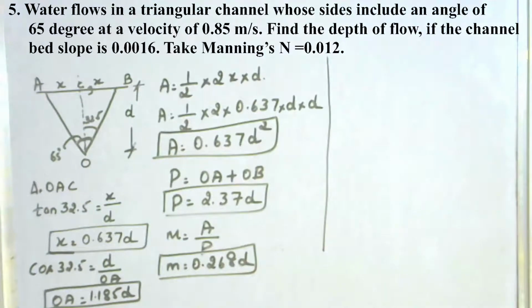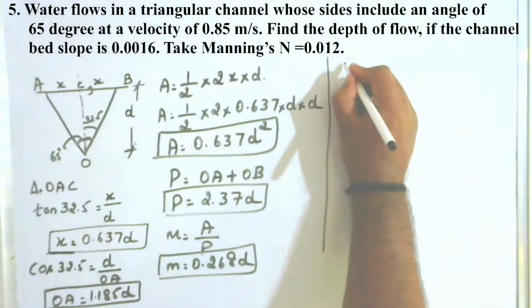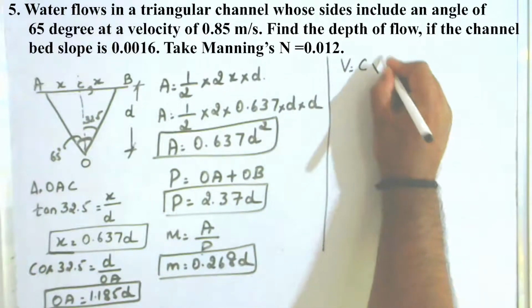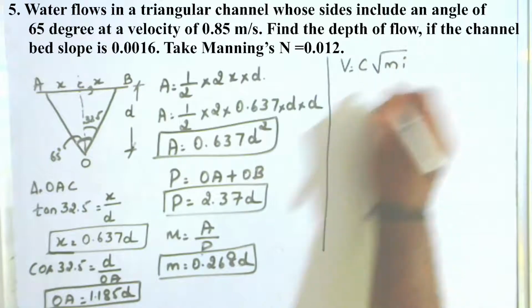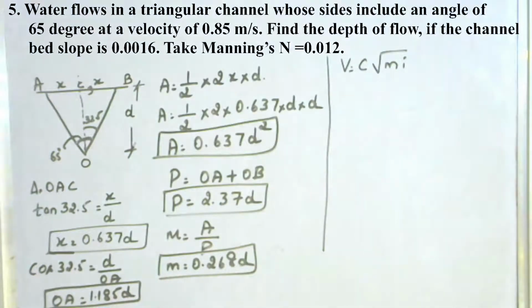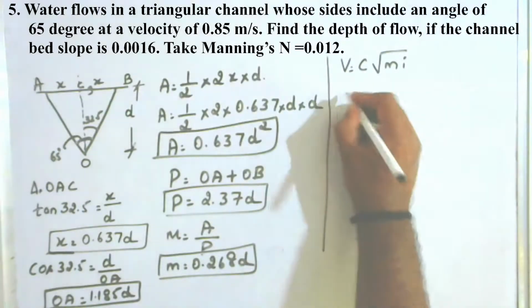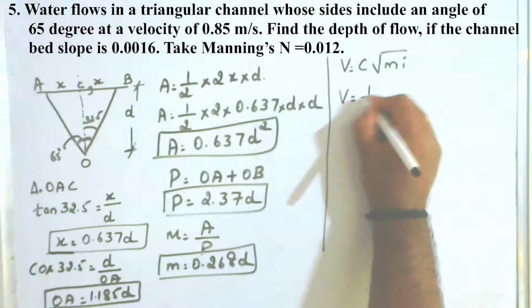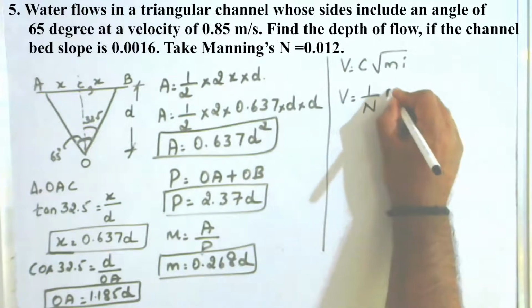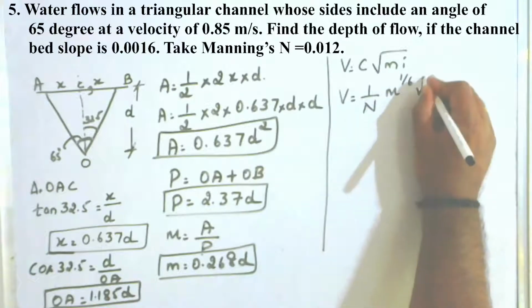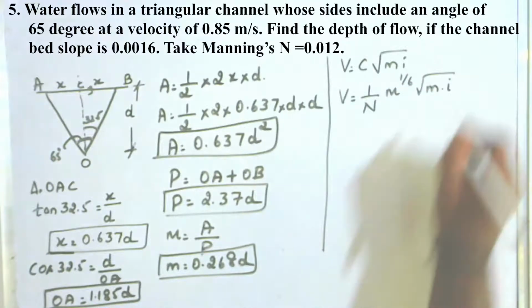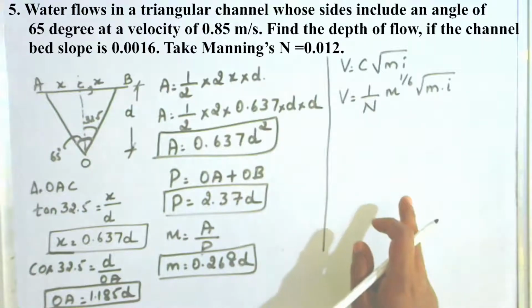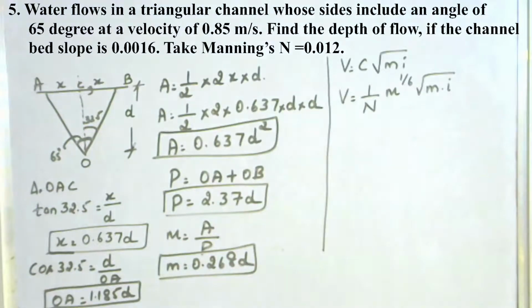Now let me write the velocity equation. The velocity V is equal to C into root of M into I. So now you observe this question, whether C value is given or not. He has not given the value of C, instead he has given the Manning's N. So therefore I'll write V is equal to, Manning's N in terms of C, 1 by N into M to the power of 1 by 6 root of M into I. You know that the velocity he has given in the problem is 0.85 meter per second.